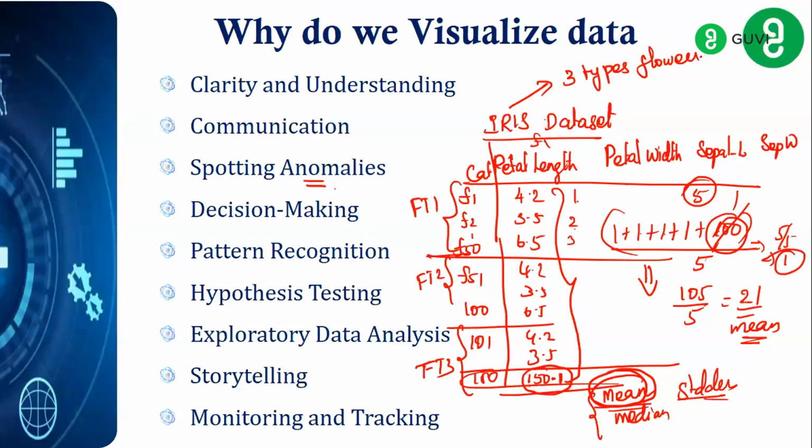But now the mean value has changed to 21, so you get too much error here. This kind of abnormal value is called an outlier. Hope you understood.